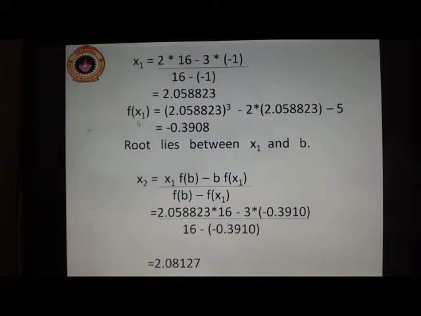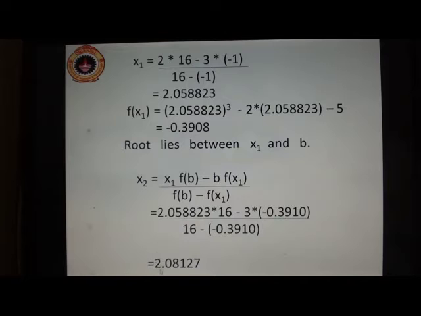Find f(2.058823). It gives a negative value. Therefore the root lies between x1 and b. Now substitute the values of x1 and b in the formula to find x2.